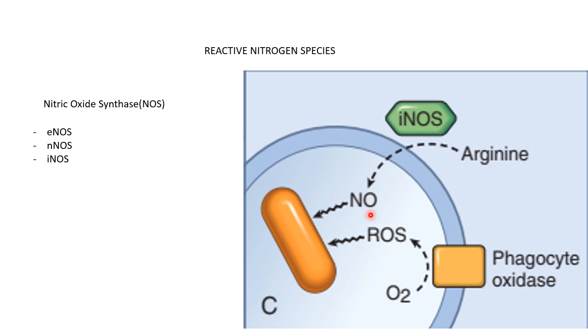And this nitric oxide will react with superoxide to form peroxynitrite. So peroxynitrite is the reactive nitrogen species that we need for lipid peroxidation of microbial substances. Okay, so that's it about formation of the reactive nitrogen species.